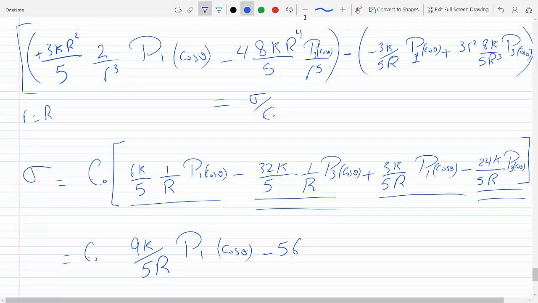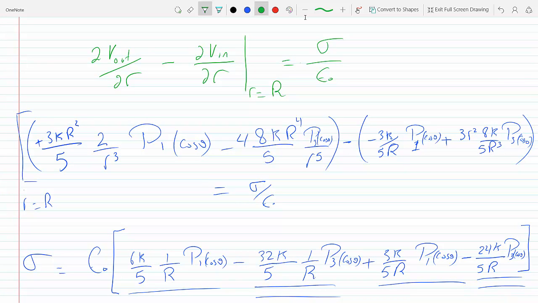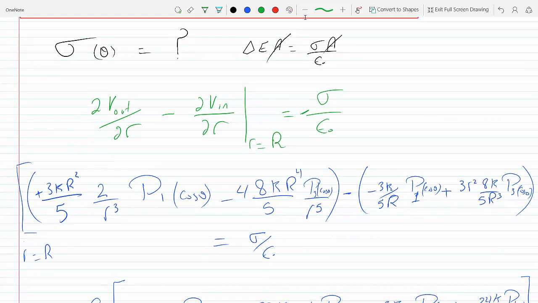Did I subtract them backwards? Oh, no, no, no. Sorry, there's a minus sign here, because remember it's minus gradient.